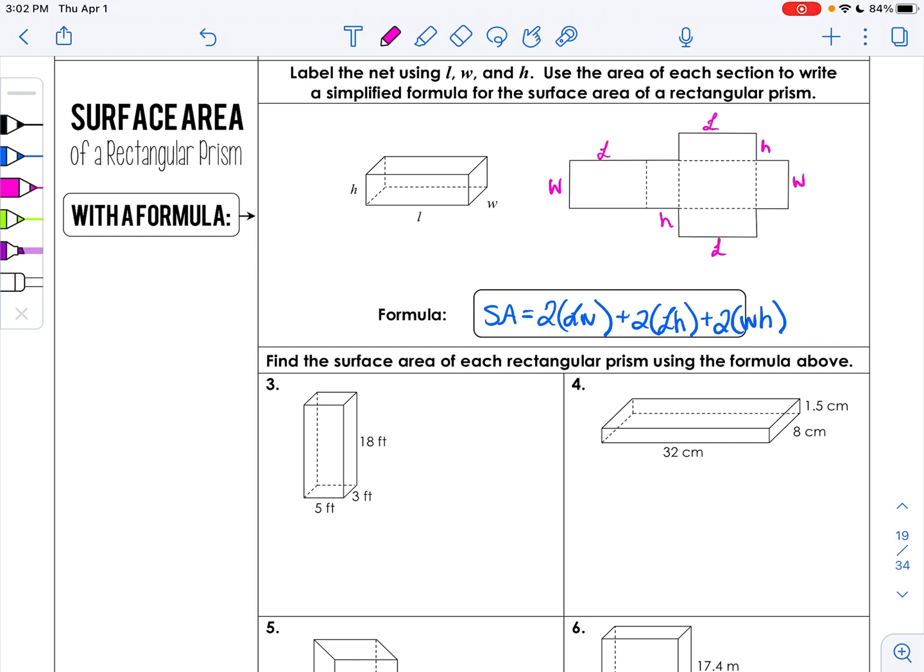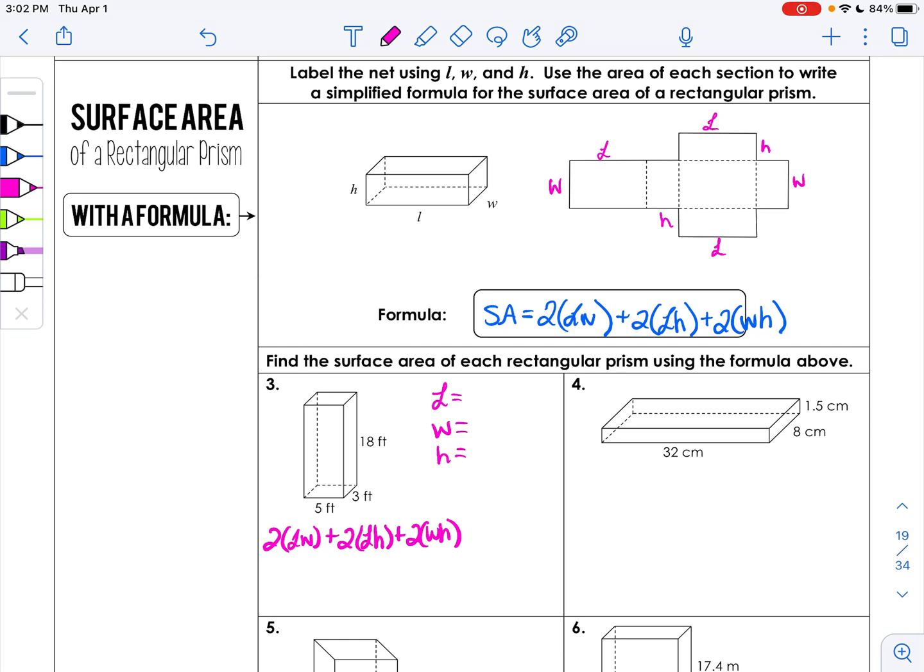So looking at number 3, it's a square prism. So if we were to use that formula, 2 times length times width plus 2 times length times height plus 2 times width times height, what you would first want to do is identify your length, width, and height.